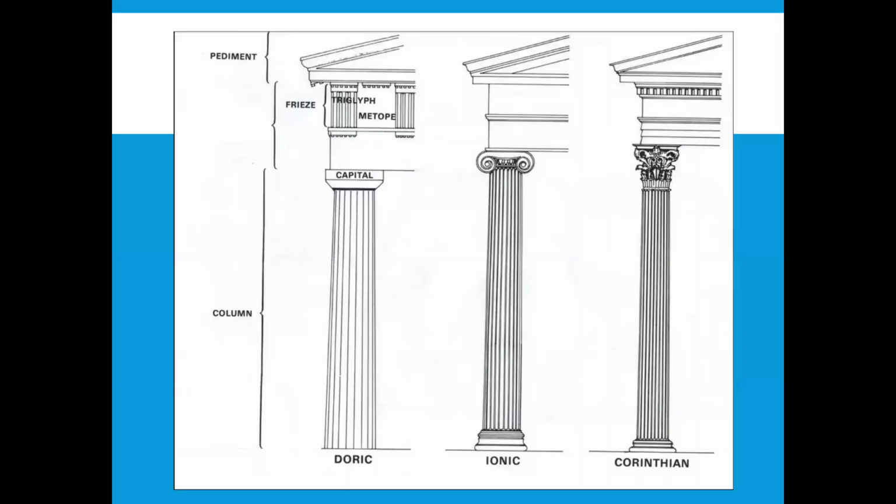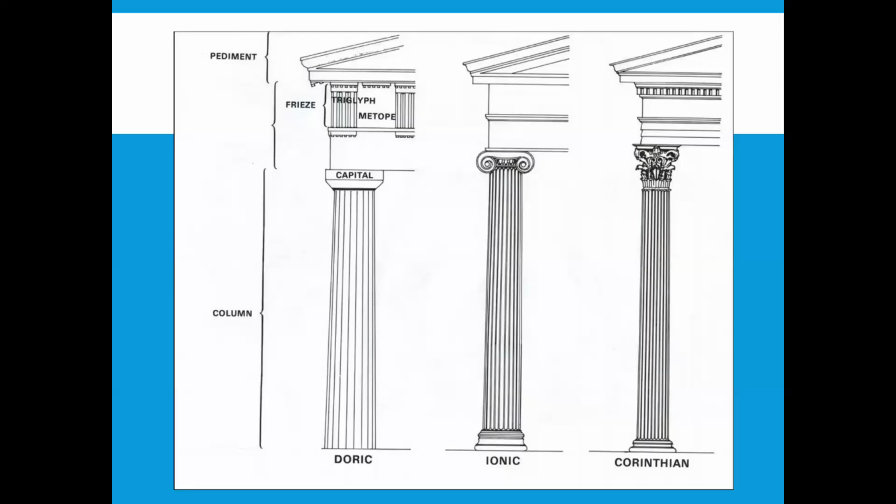And then the metope, which is left blank in this picture, would have a relief sculpture attached to it. You'll notice the Ionic and the Corinthian friezes are blank. They would be filled with relief sculptures instead of triglyphs. The pediments on all three of them are a triangle that would also be filled with sculptures.